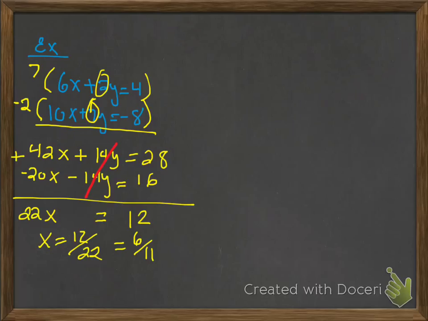All right, so I'm not done yet though. I need to go back in and solve for my y variable. So 6 times 6 over 11, we're not going to have a pretty number, plus 2y is equal to 4.